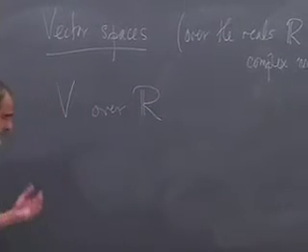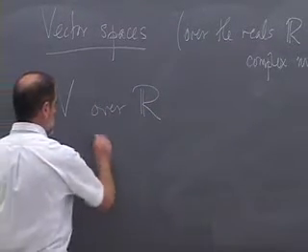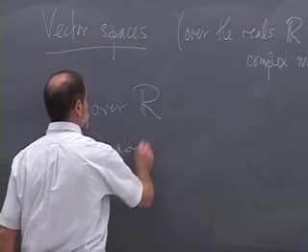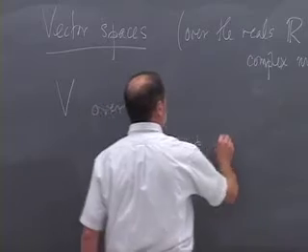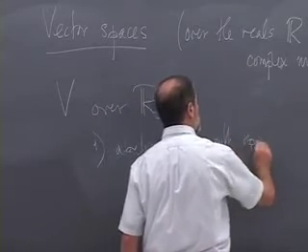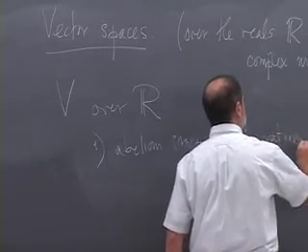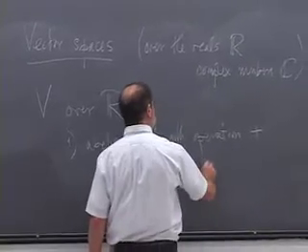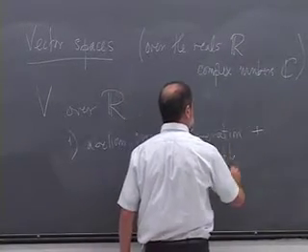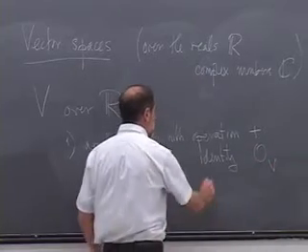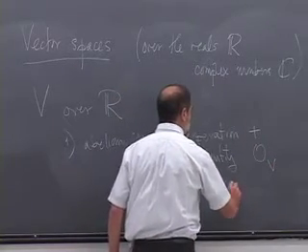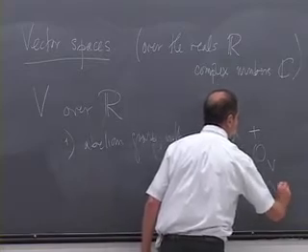consists of, first, an abelian group. So that means you can add vectors with operation plus, an identity element, what's called the zero vector, or sometimes just zero, an inverse element, sometimes called minus v.